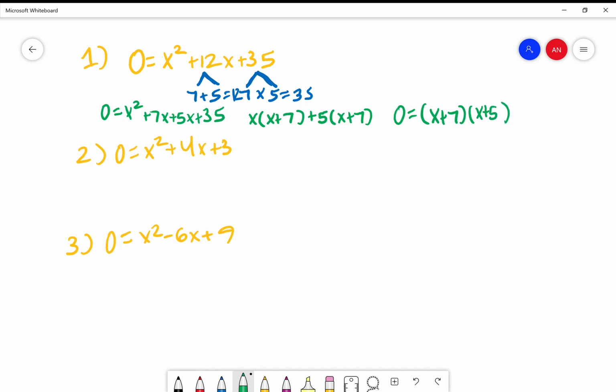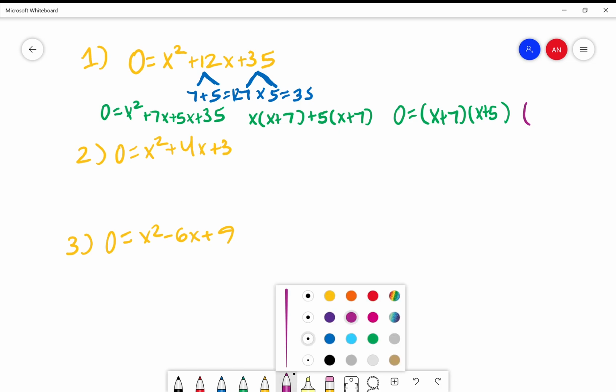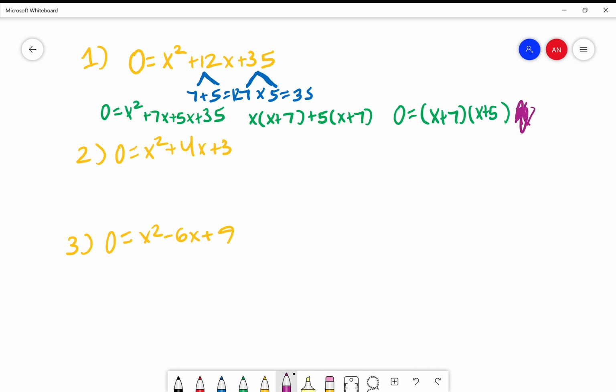And same thing using algebra, we get x is equal to minus 5 and x is equal to minus 7.